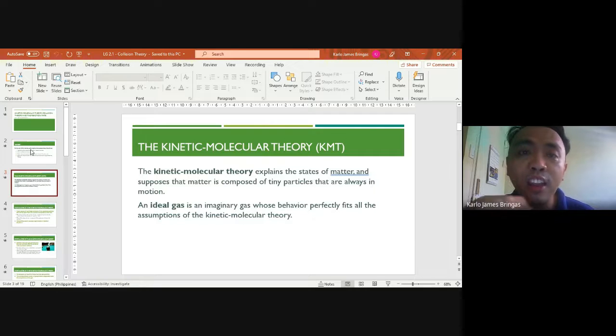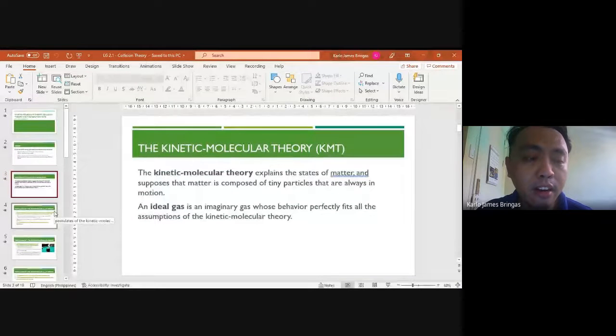There will be a little bit of deviation here and there, particularly if you have gas at a very high pressure or at a very low temperature. So that's our KMT. It helps us really understand the behavior of gases in particular.